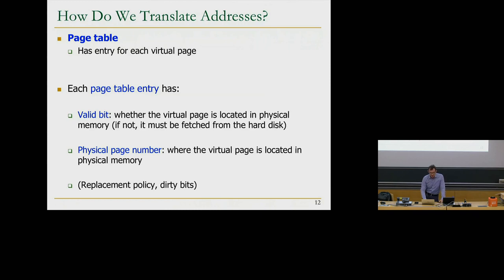You need to have dirty bits because if you fetch the page from disk into memory, and you write to that page while it's in physical memory, you probably need to write that back into the disk, right? Because you've updated the page. If you have not written to the page while it's in physical memory, you don't need to write it back to the disk.